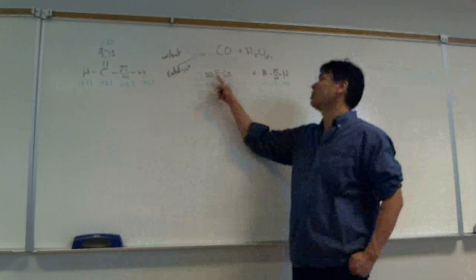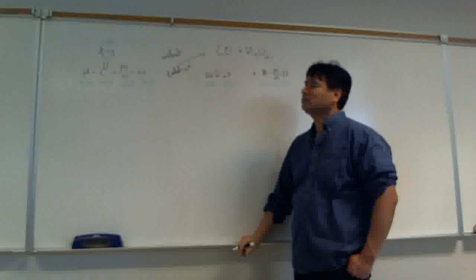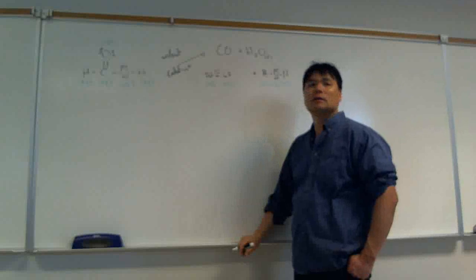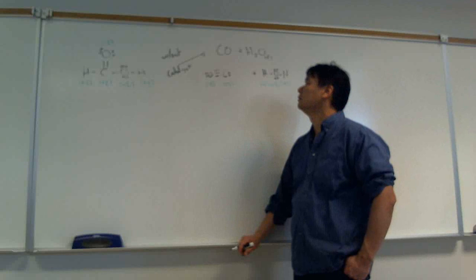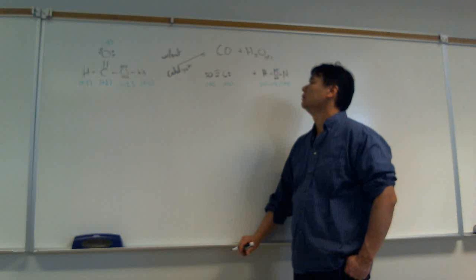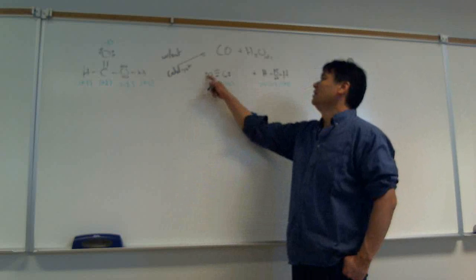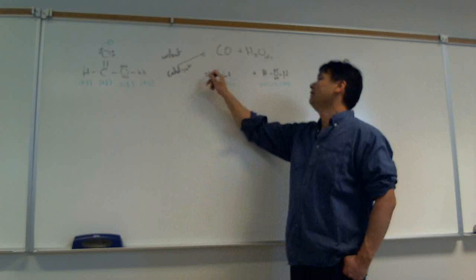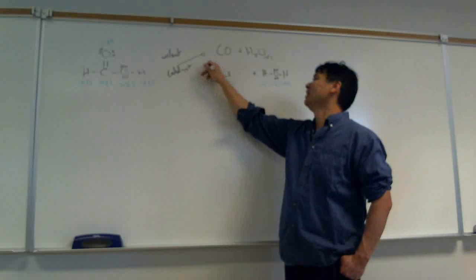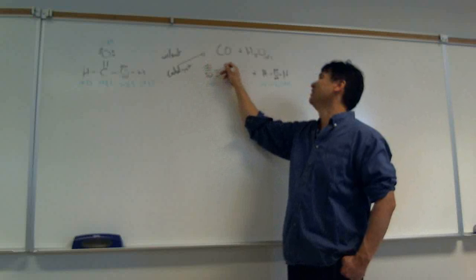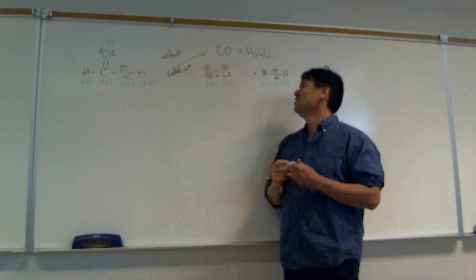Now, one of the funny things is this. What are the formal charges here? Yeah, 1, 2, 3, 4, 5. Oxygen should have 6, so that's plus 1. And carbon is minus 1. Do you notice a conflict?